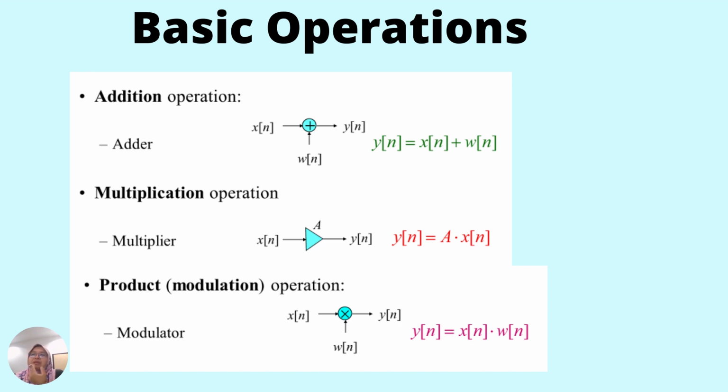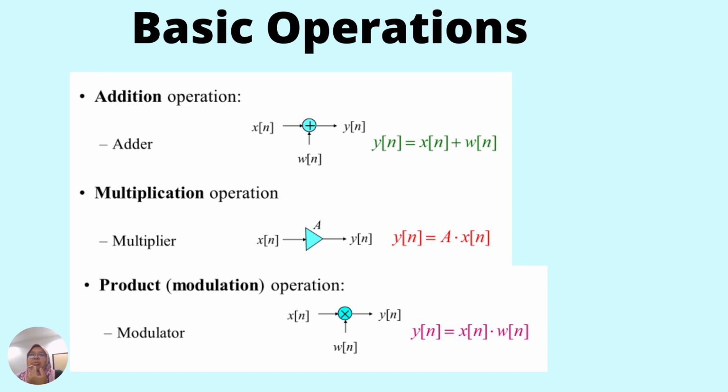Then you see there's a multiplication operation. There's a multiplier denoted by a, so y[n] equals a times x[n]. And then there's a product modulator, where x[n] times w[n].